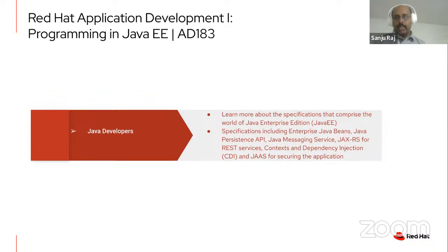In these modules, we learn more about the specifications. We learn how the Enterprise Java Bean can be used, how to manage persistency in our Java applications, how to have transaction information preserved, and how to configure a messaging system. All such aspects are discussed inside this module.